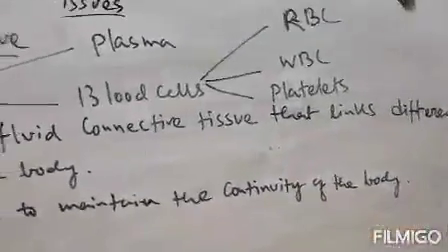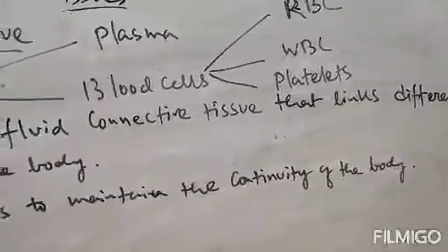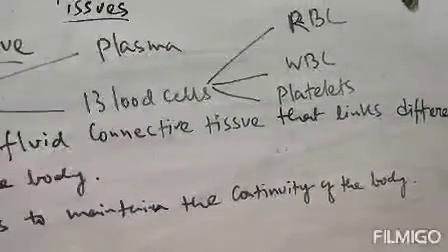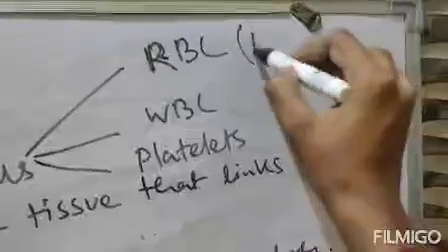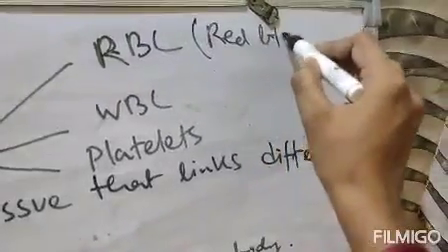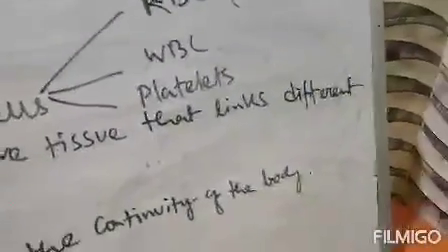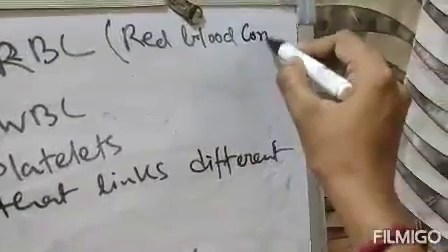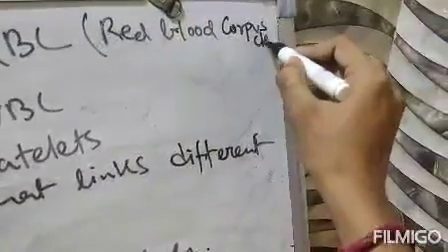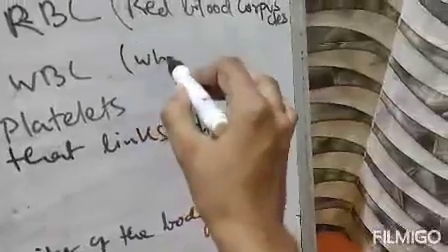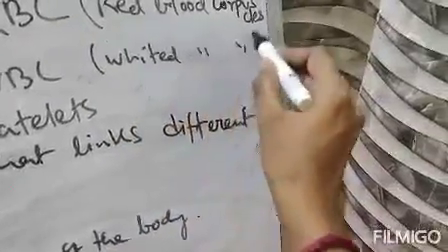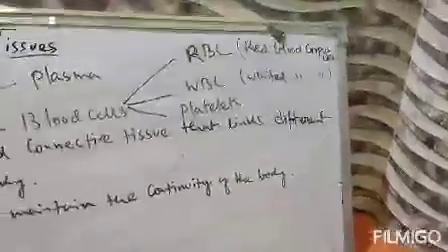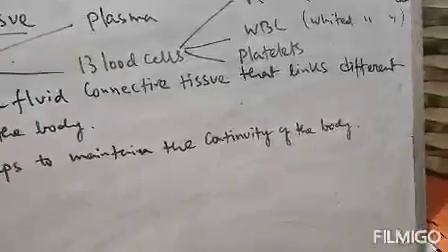RBC stands for red blood corpuscles, and WBC stands for white blood corpuscles. Clear? The full form of RBC and WBC.